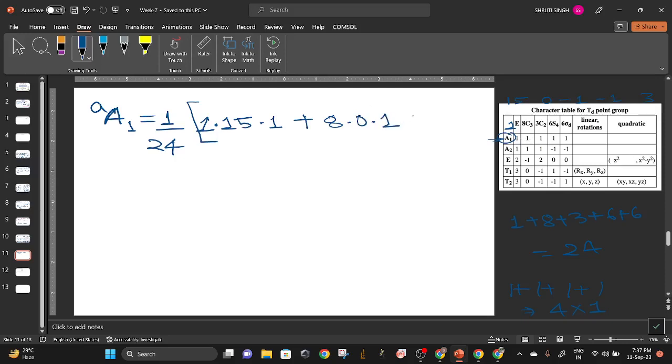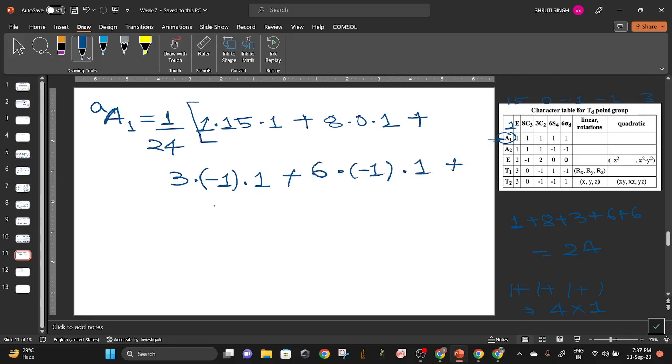Next, the coefficient is 3. The character under reducible is minus 1, so I multiply minus 1 and 1. Next, the coefficient is 6, this is minus 1, and this is 1.